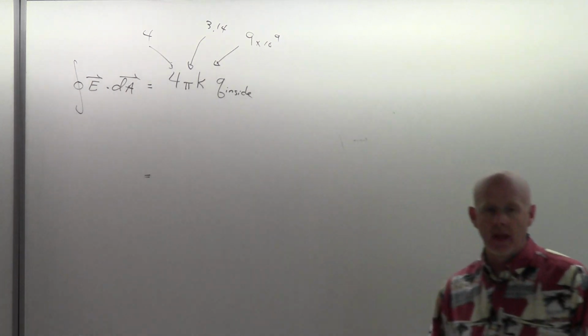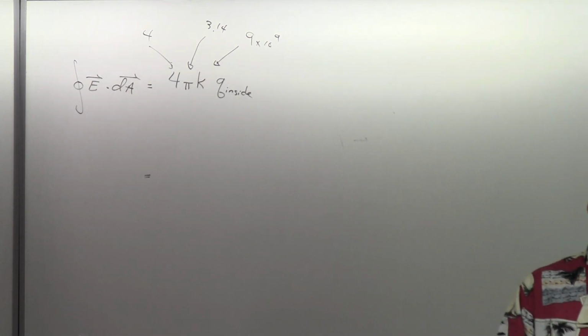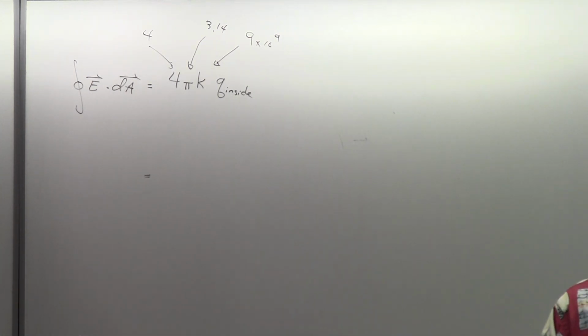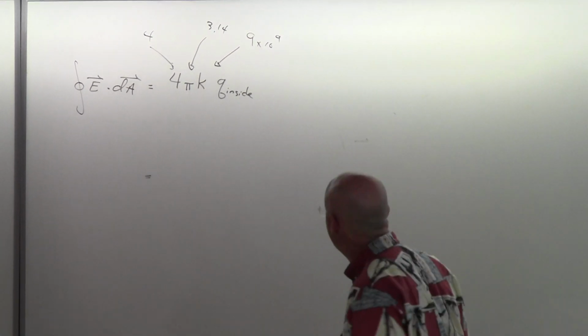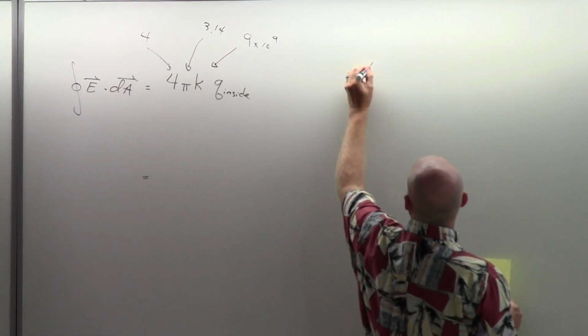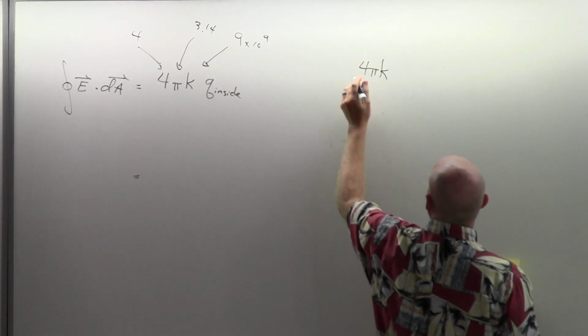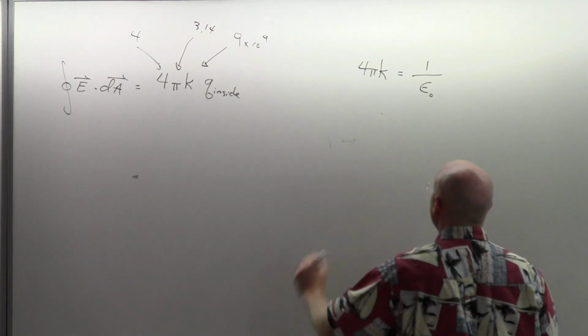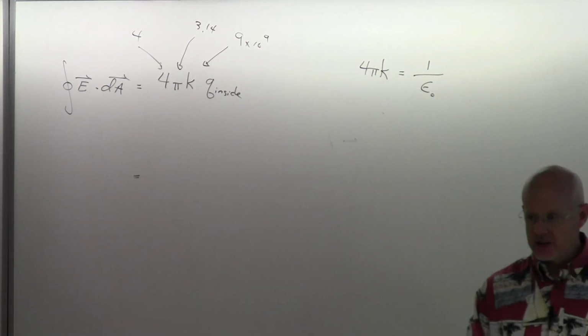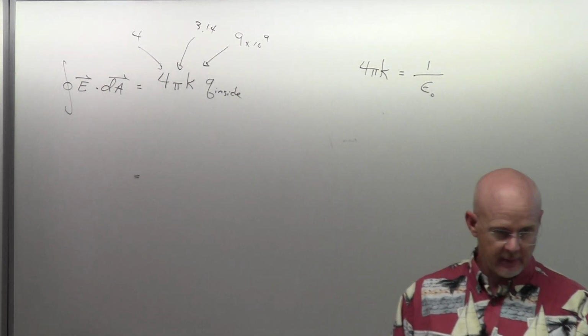So let's put all those constants together as one big group so we don't have a bunch of different constants. And for reasons that will be more obvious as we move along, let's call 4 pi times k not just equal to a constant, but 1 over a constant.